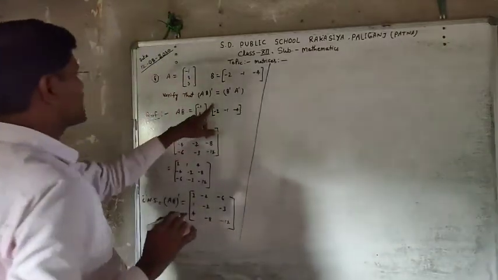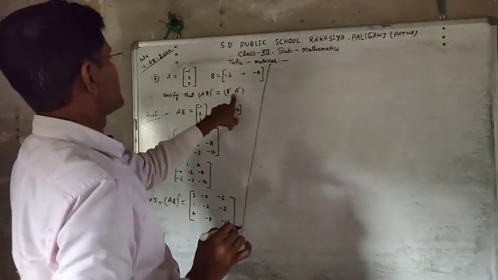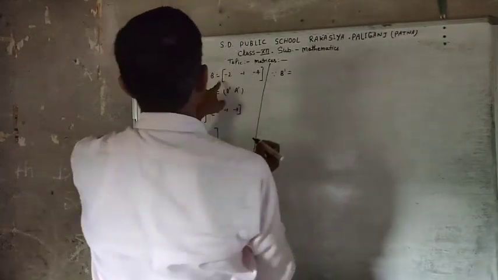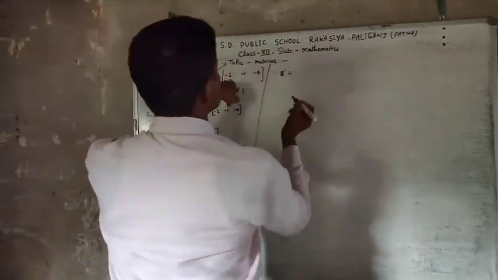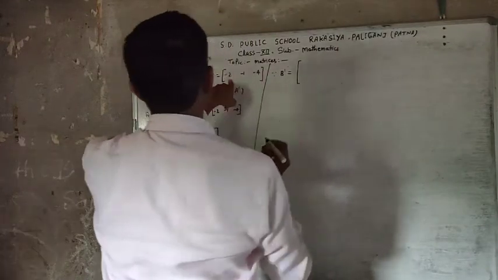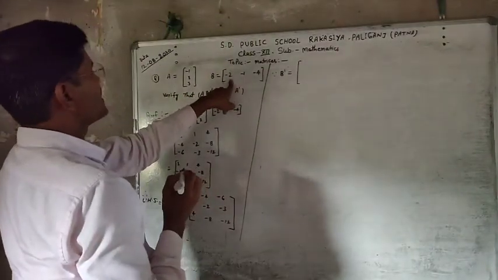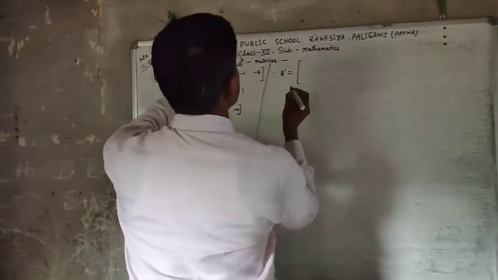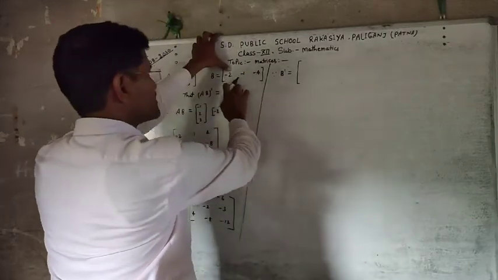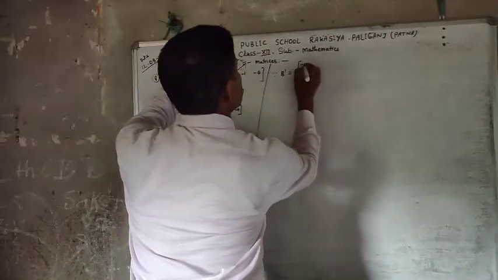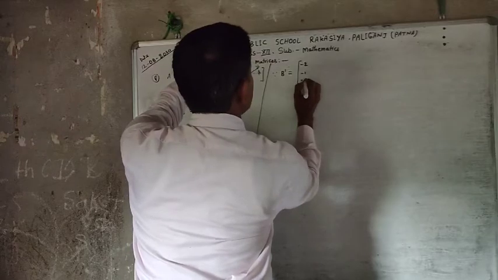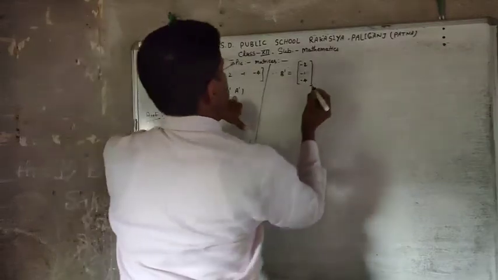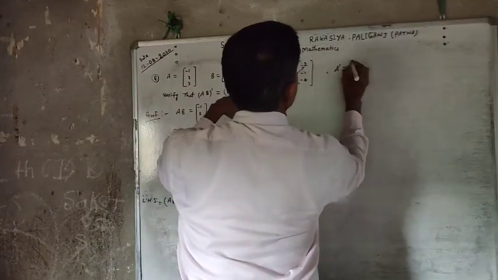For the RHS, we have to find B transpose and A transpose. B is given as a row matrix, and hence its transpose will be a column matrix: minus 2, minus 1 and minus 4.